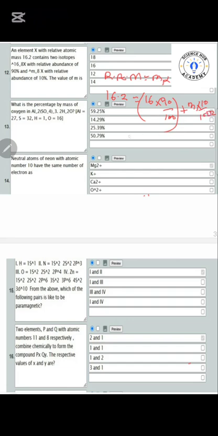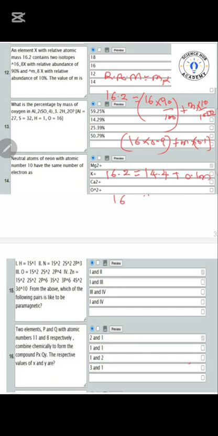So this gives us 16 times 0.9, right, plus M times 0.1. So we are going to have 16.2 is equal to 16 times 0.9, and that is 14.4 plus 0.1 M.